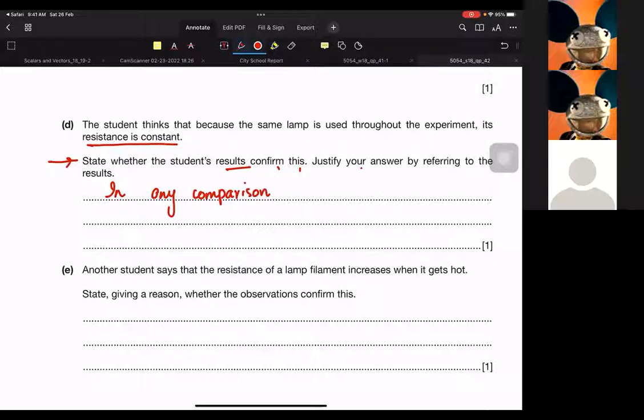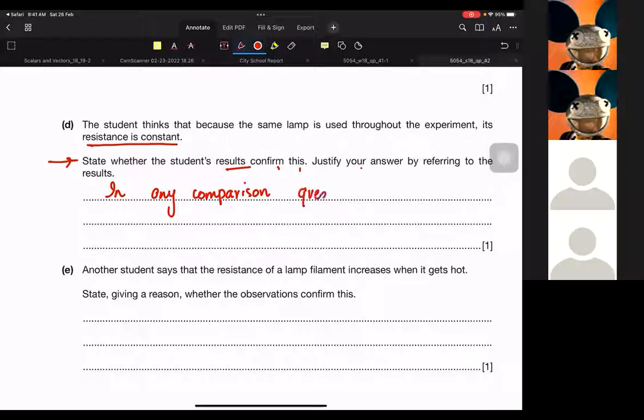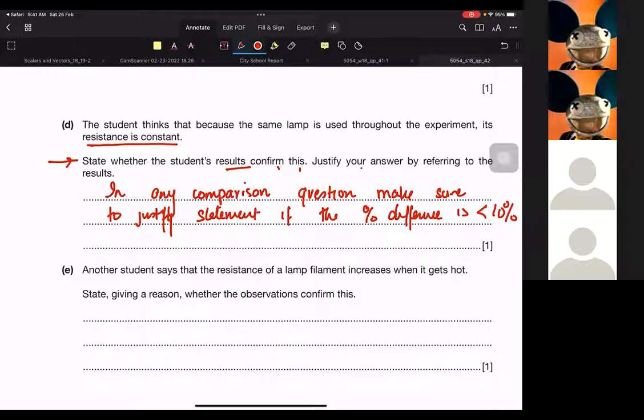So in any comparison question, make sure to justify the statement if the percentage difference is less than 10%. Now, what do I mean by this? Percentage difference means how much the difference is in percentage between two values.